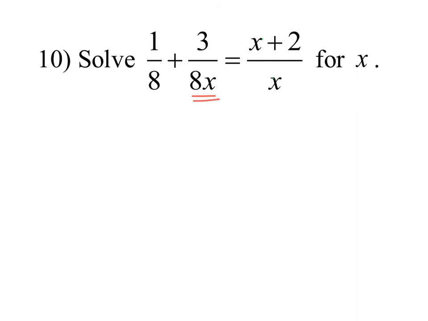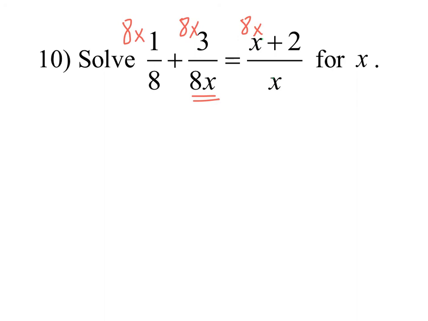Okay, so I'm going to take that 8x and multiply all of my numerators by 8x, just like that. And then I'm going to go back in and reduce these fractions all down so that all I have left are some terms with an equal sign and no more fractions. So I'm getting rid of all these denominators.